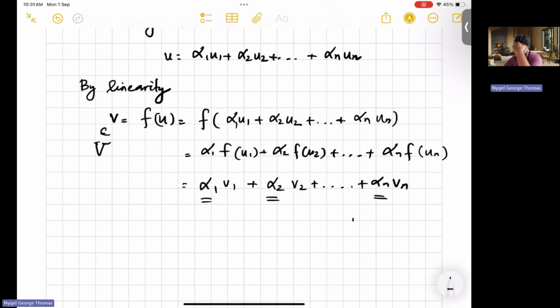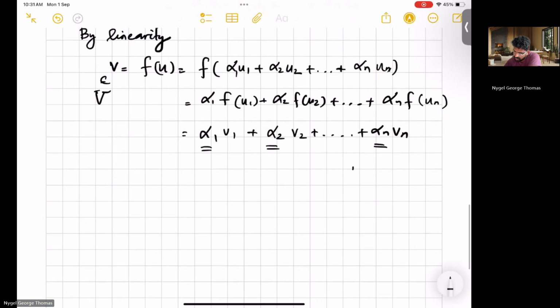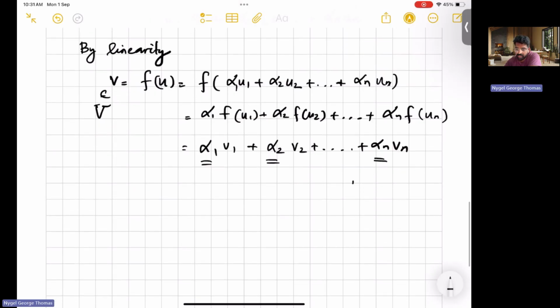if we've already expressed this u as a linear combination of a particular basis, what you have to do is apply the transformation on these basis vectors, take the same linear combination and add them together. So basically, you don't have to apply it over again.